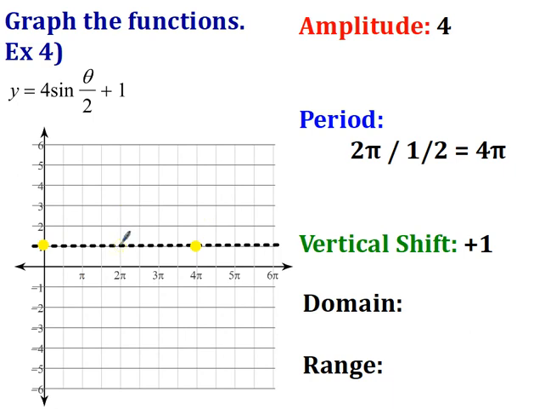Halfway in between is going to be at our midline again. Halfway in between here is going to be our peak, or our crest, and we're going to go up to 4. So 1, 2, 3, 4. Halfway in between here at 3 pi, we're going to go down 4. 1, 2, 3, 4, because that's our amplitude.